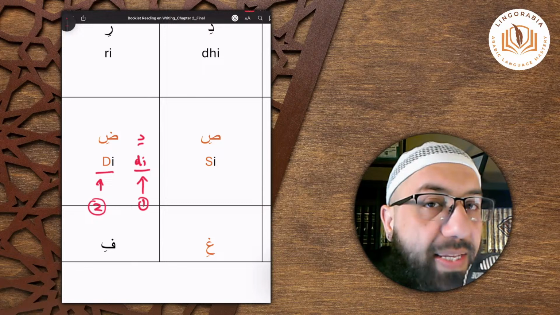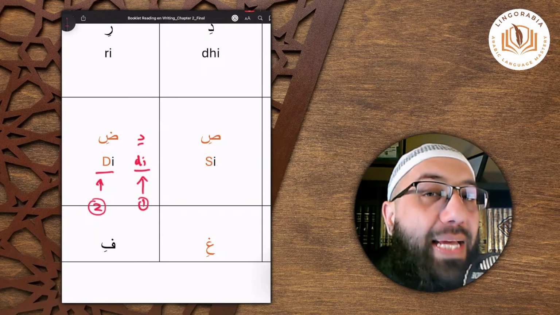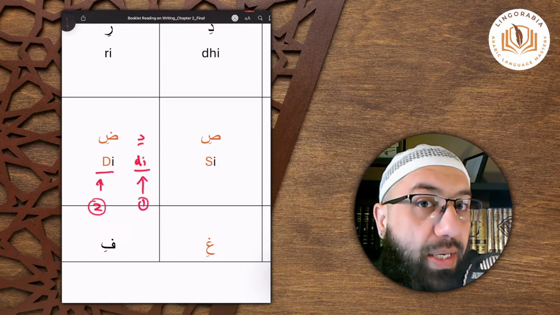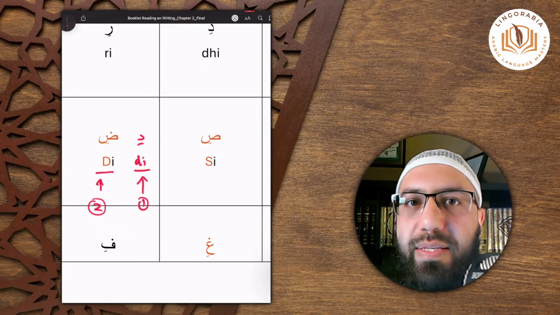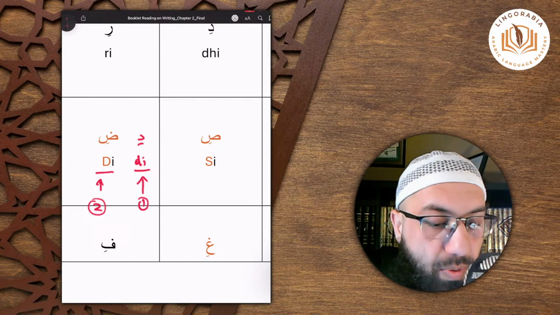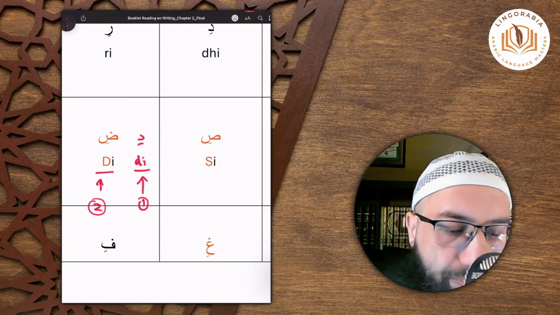So you have the first one, D, lightly pronounced. The second one, heavily pronounced, D. There is a difference, so you have to make sure that you do different pronunciations.